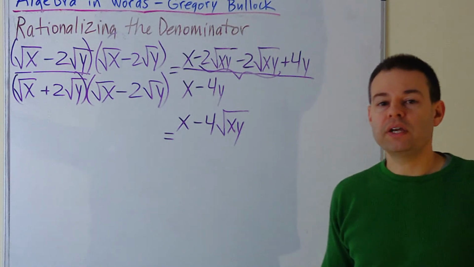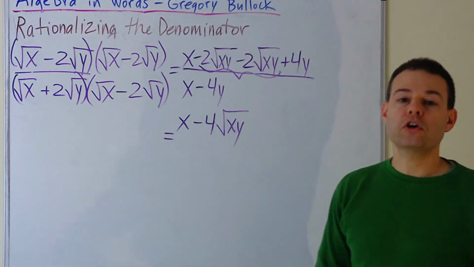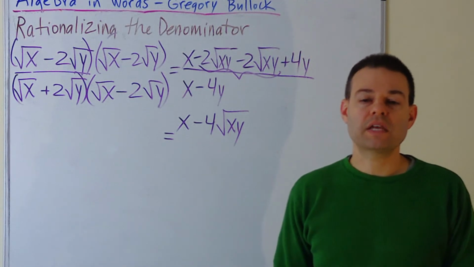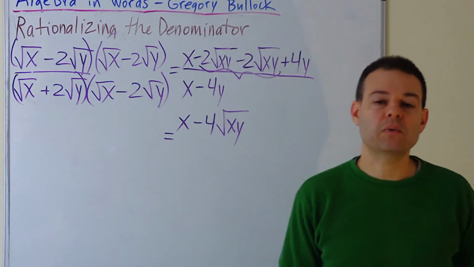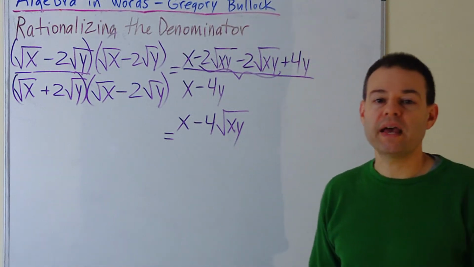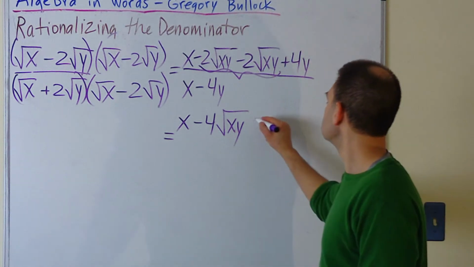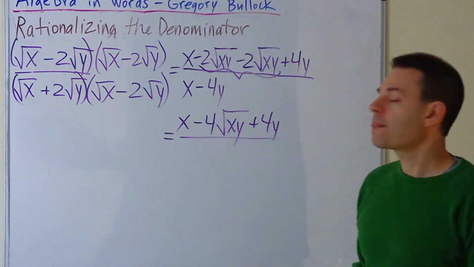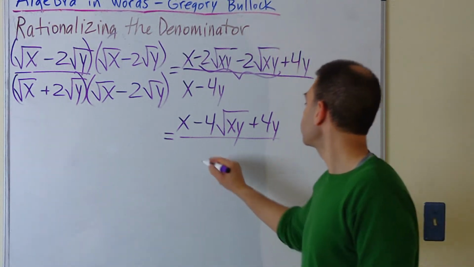And just to reiterate and just to extra clarify, these are like terms because they are like radicals. The square root of xy is the same, they have the same root and the same radicands, that makes them alike, that's how we can combine them. And then we have plus 4y, and there are no other like terms with that, so we rewrite 4y. Then in the denominator, we have x minus 4y.